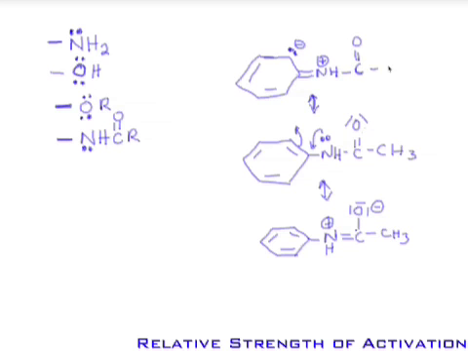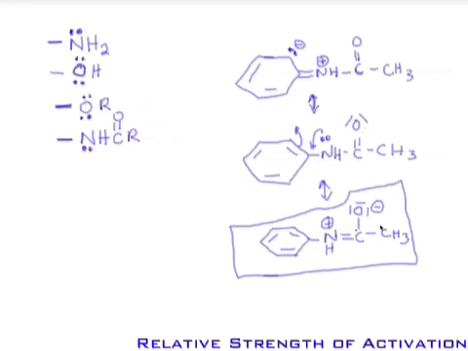Now if I look at these structures, what is obvious? What is obvious is this resonance structure suggests some of that lone pair is delocalized away from the ring. That is, not as much is dumped into the ring because part of it is moved out and away.